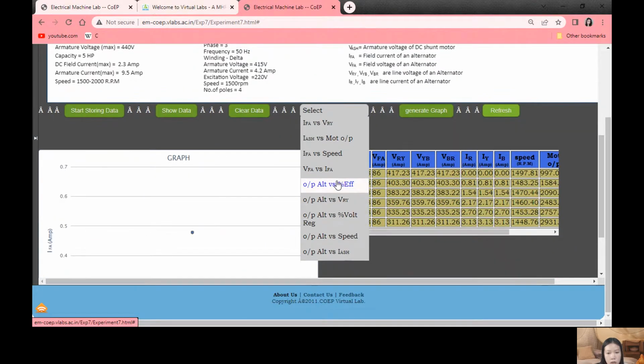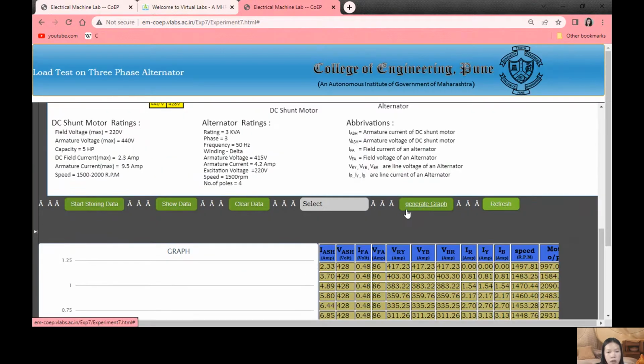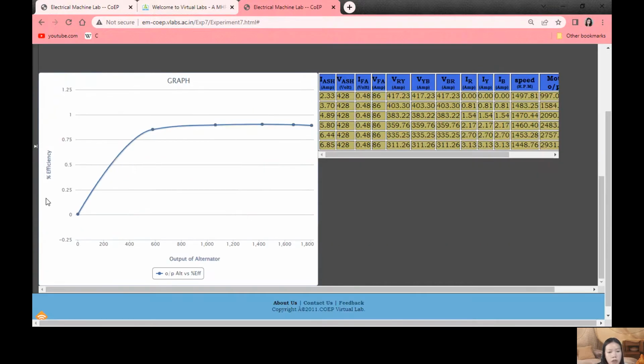Next natin is yung efficiency naman. Efficiency versus yung output ng alternator. So, kung makikita natin na habang nag-i-increase yung output ng alternator, nag-i-increase din yung efficiency niya. So, from 0.1 na efficiency, nag-increase siya to 0.85 hanggang 0.90. Ayan.